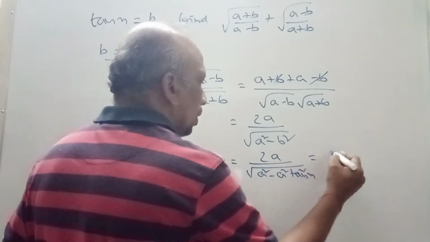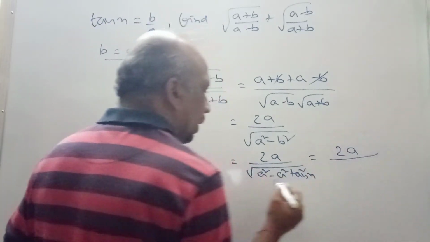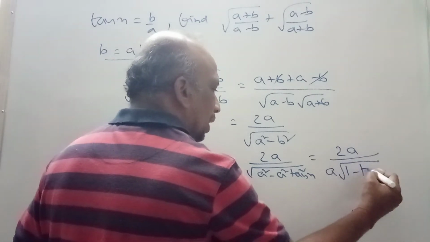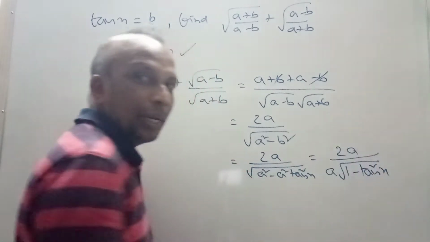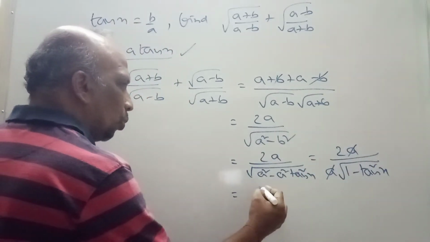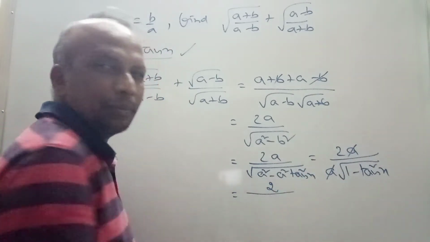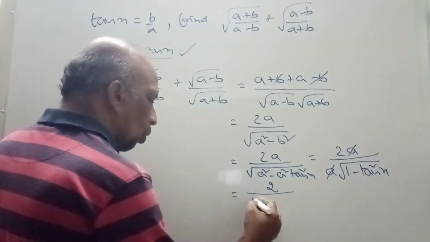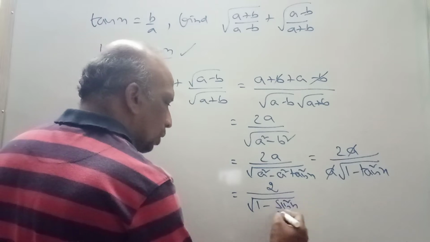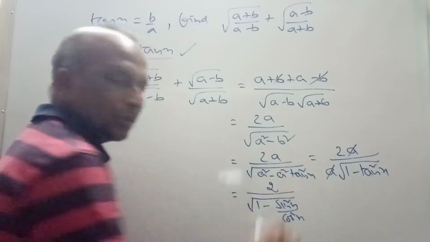Now you can see this one, I can write 2a by, you take a square common, it will come a into root of (1 minus tan square x), right? You will get 1 minus tan square x, so I can eliminate a, right? This will get 2 by, so I can write 1 minus tan square x is 1 minus sin square x by cos square x, I can write.